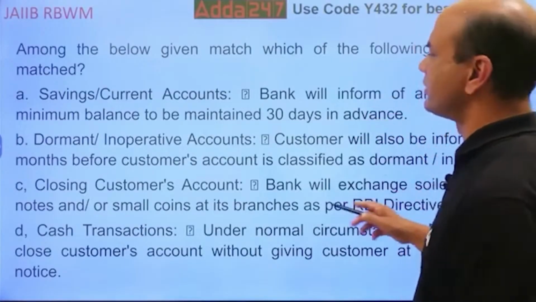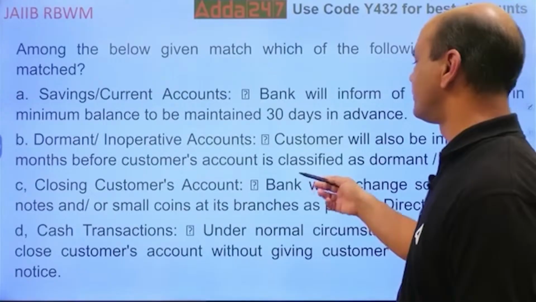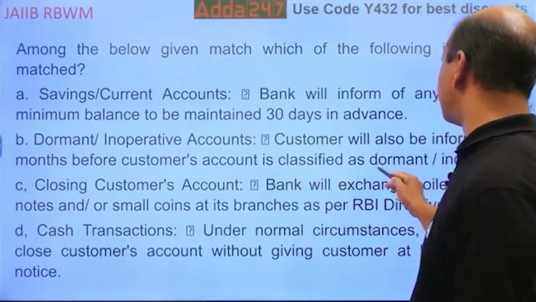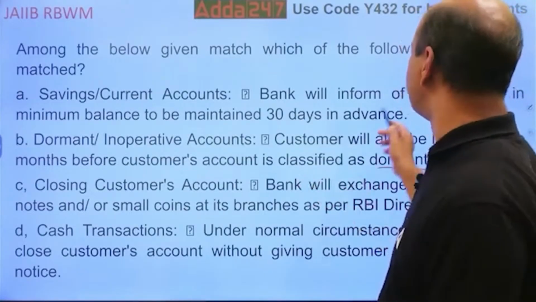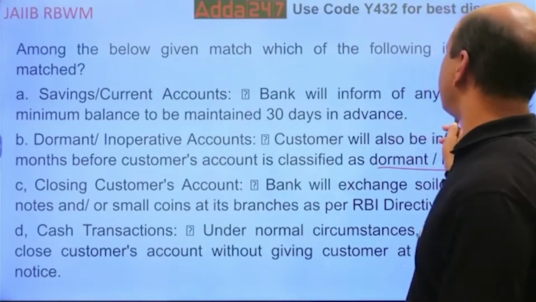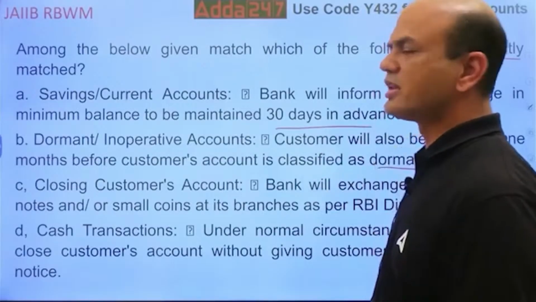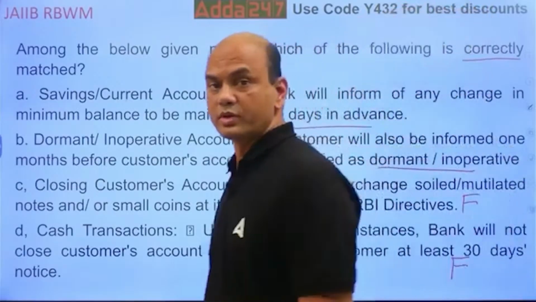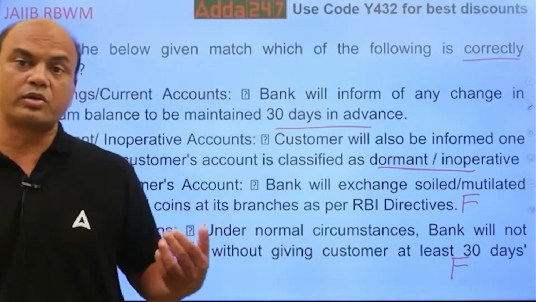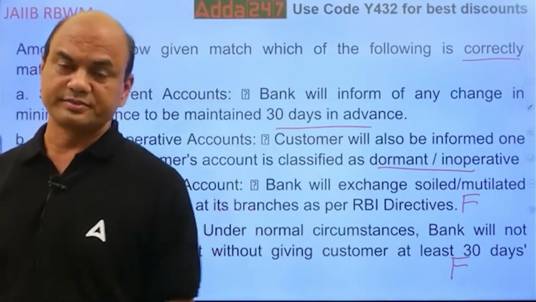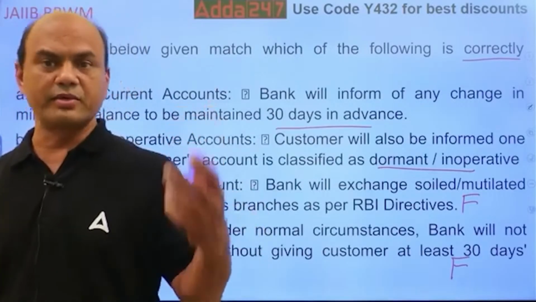Customer will be informed 1 month before the customer's account is classified as dormant, and bank will inform any change in the minimum balance 30 days in advance. So again 1 month. So which is true over here? Is the dormant account to be informed 30 days, or is it the above one?